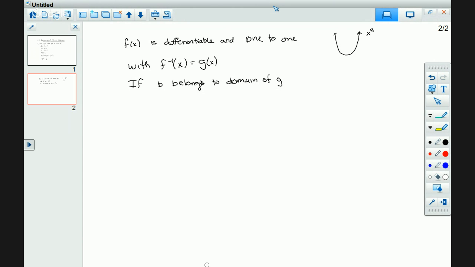We switch x and y, right? Because the domain x value in the inverse is a y value in the original. So you might note that. And we're going to use that piece of knowledge to solve these problems, switching x's and y's. Let's see why.